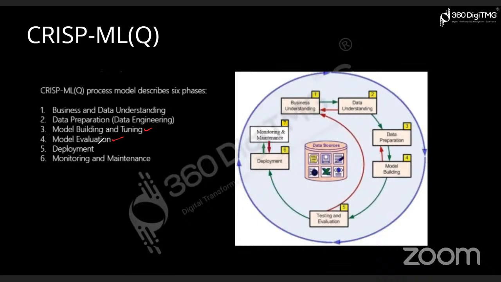Model building and tuning, we will be discussing in the upcoming slides. Model evaluation. So here we try to find out which model performed the best. If you are training with multiple models, here we will find out which model performed the best.